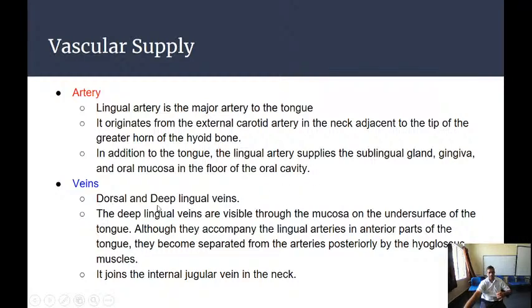The veins are the dorsal and deep lingual veins, which usually form a plexus in the maxillary region, the pterygoid plexus, and ultimately they join the internal jugular vein in the neck.